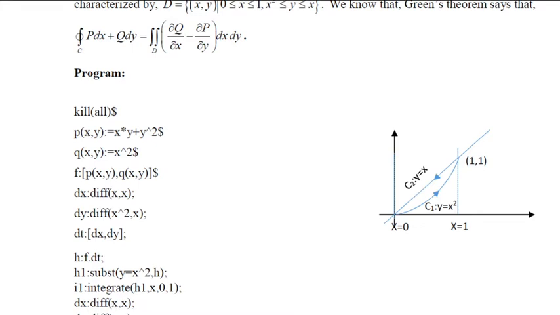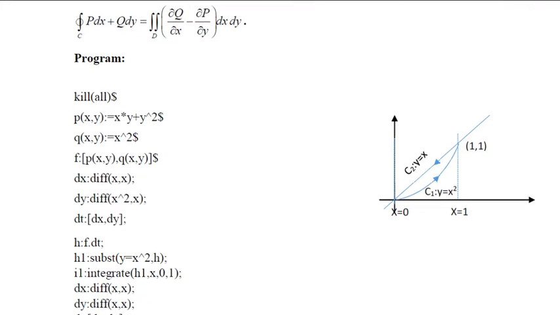Now substitute that in dt, make it as a list, that is dx comma dy, and we already have f as a list, p of xy comma q of xy, so that your h will be the dot product of these two, that gives you p of xy into dx plus q of xy into dy, that will be stored in h, that is your left hand side.